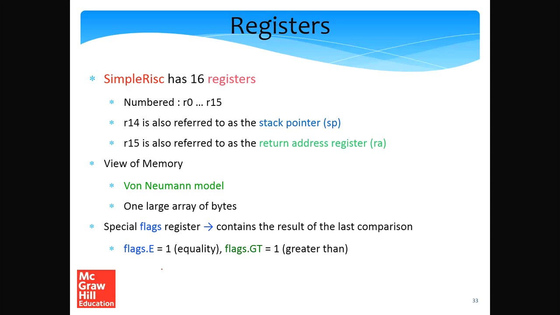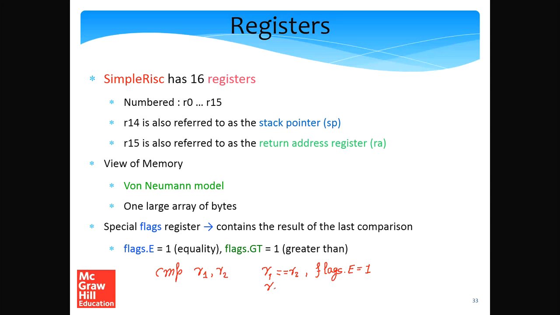The example is a compare in SimpleRISC assembly where we compare the contents of registers R1 and R2. If the contents are equal, the hardware would set the E bit inside the flags register. So if R1 == R2, in C style, the hardware sets flags.E equal to 1.